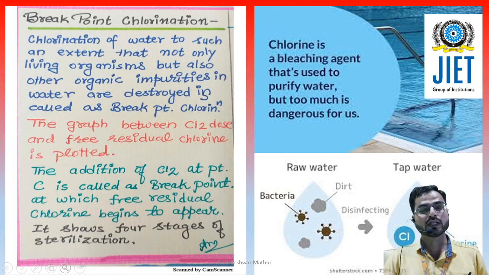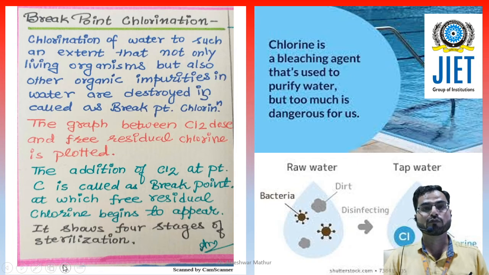The graph between chlorine dose and free residual chlorine is plotted. This experiment will be performed when you come for experiments in the engineering chemistry lab. We have an experiment designed in which the amount of free residual chlorine will be calculated with the help of iodometric titration.